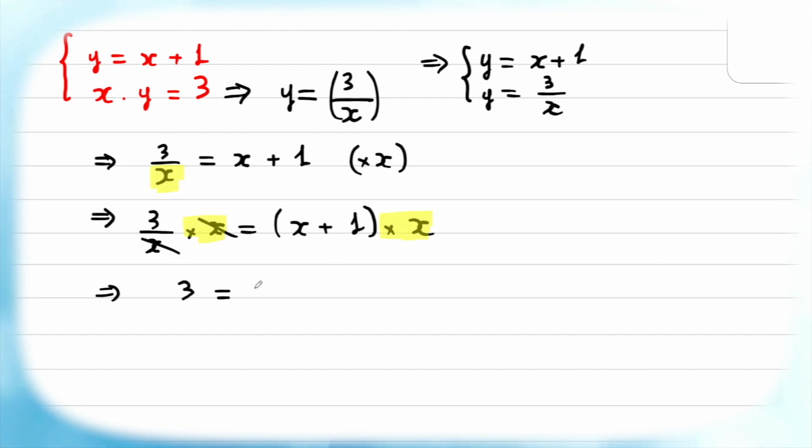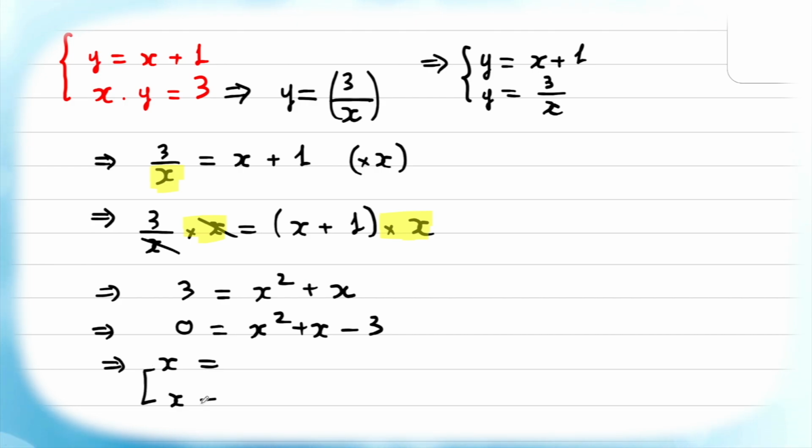And the next one, expand here, you got x squared plus x. So after that, we have the equation in this form. And solving this equation, you will get two values for x here. The first x is 1.3 and the second one will be negative 2.3.